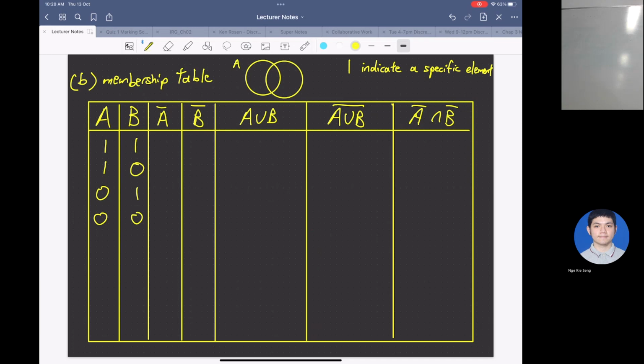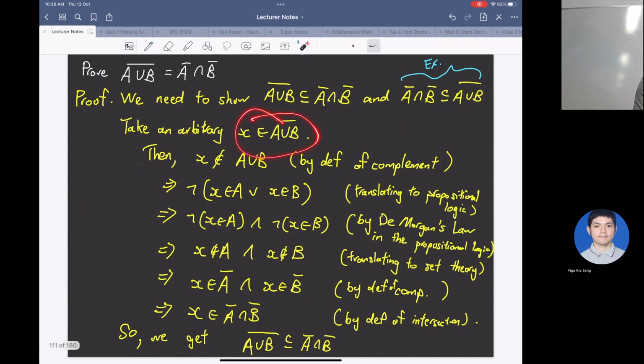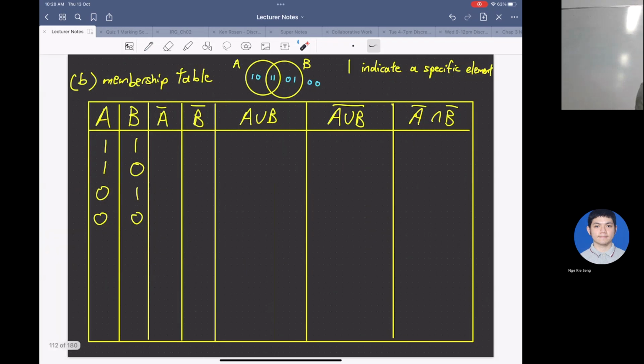Let's say we have two sets here, A and B. Then 1 1 will represent the element inside the intersection of A and B. And then 1 0 will be looking at the element inside A. 0 1 will be looking at the element inside B. And then 0 0 will be looking at the element outside A and B. Okay. So this will study all the elements inside the sets you need to study.